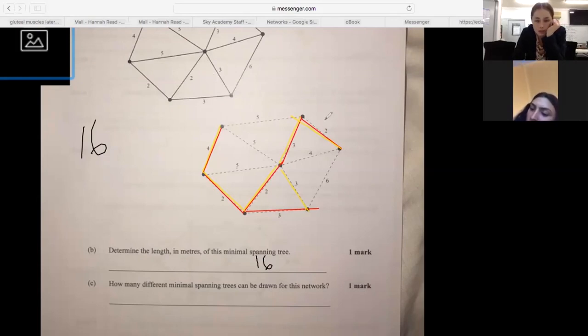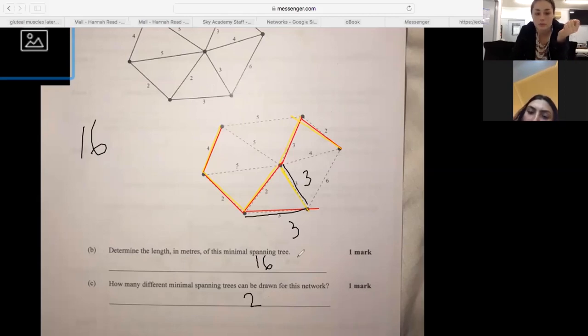Because that's 2, 5, 6, 7, 8, 9, 10, 16. Because this one here is worth 3 and that one there is worth 3, so it doesn't matter. You could have done either of them and it would have been the same. Either the yellow or the red would equal 16, but if you did it anywhere else, it wouldn't have worked.